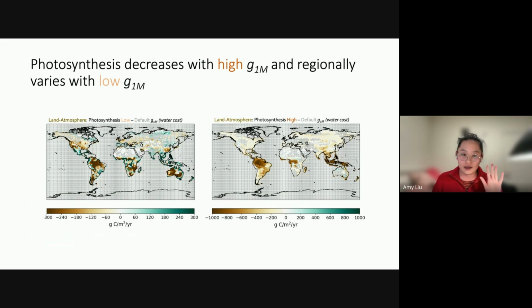Here brown corresponds to a decrease in photosynthesis, while green corresponds to an increase in photosynthesis. And we can see here that photosynthesis generally decreases when we have a higher GUNM, and it's largely brown in this plot, and it regionally varies with a low GUNM. There's a mixture of brown and green, depending on what region you look at.